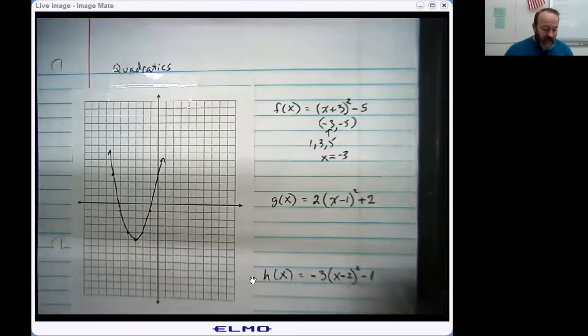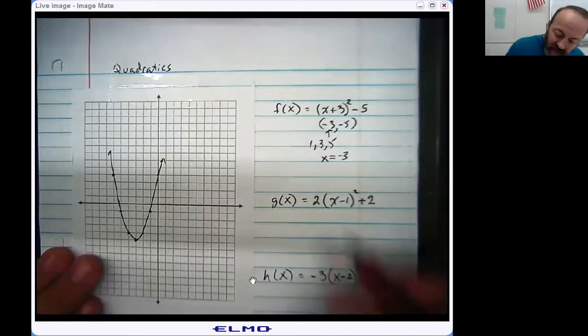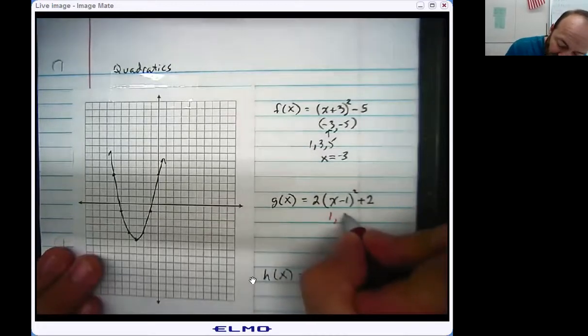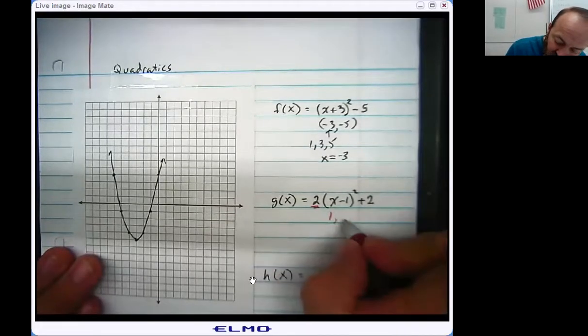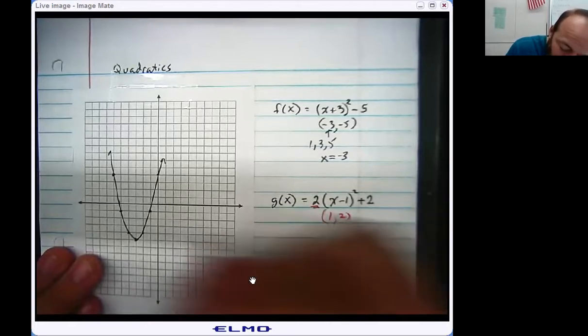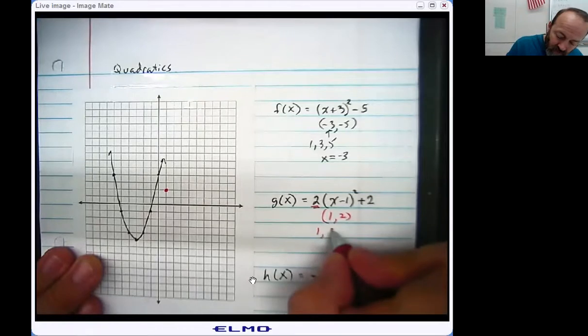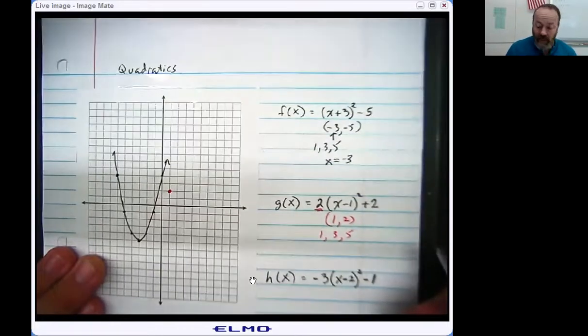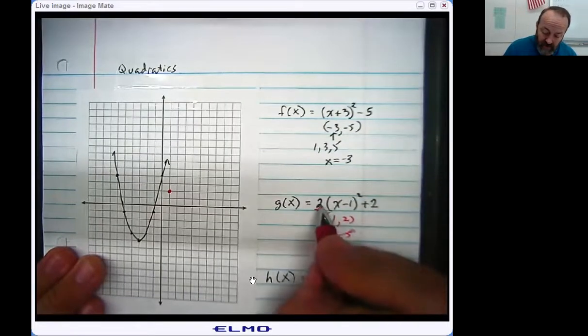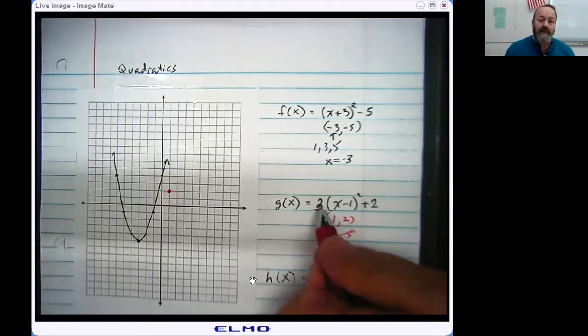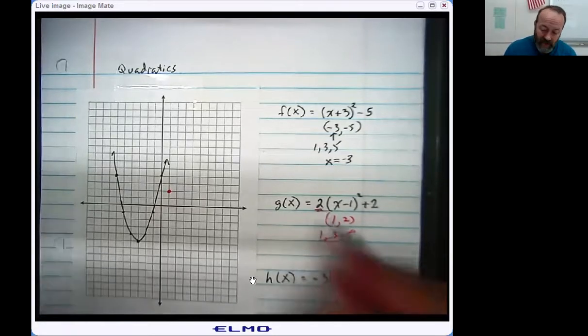Now, in my second problem, I specifically decided to make it have a little more steepness to it. So it has a vertex of (1, 2) right here, but instead of using the 1, 3, 5 pattern in this case, it's going to use a pattern of 2, 6, and 10, because remember, numbers in front are vertical stretch factors.